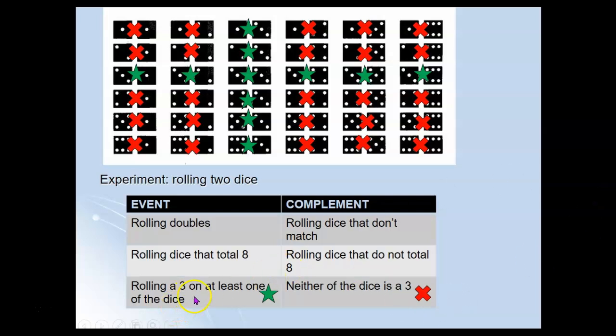And the complement of rolling a 3 on at least one of the dice would be where that doesn't happen, where neither of the dice is a 3. It's got to be one or the other. So either this happens or the complement of this happens. If this happens, the complement didn't. If the complement happened, the original event didn't.